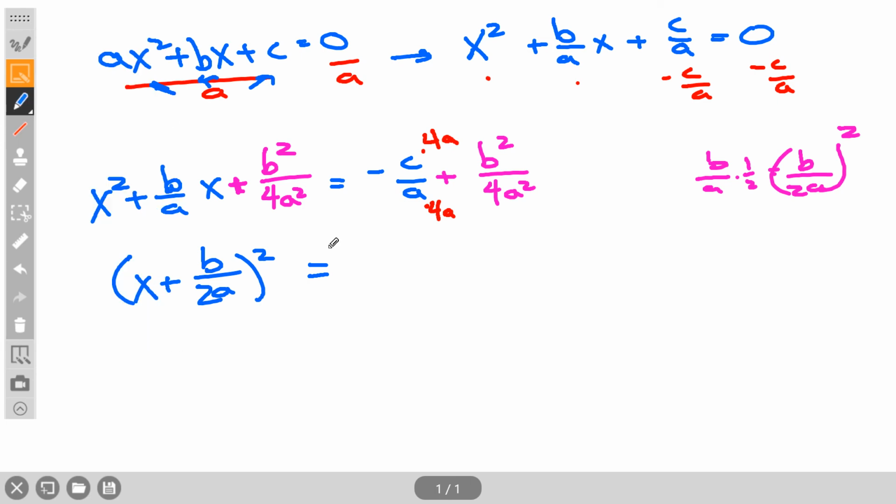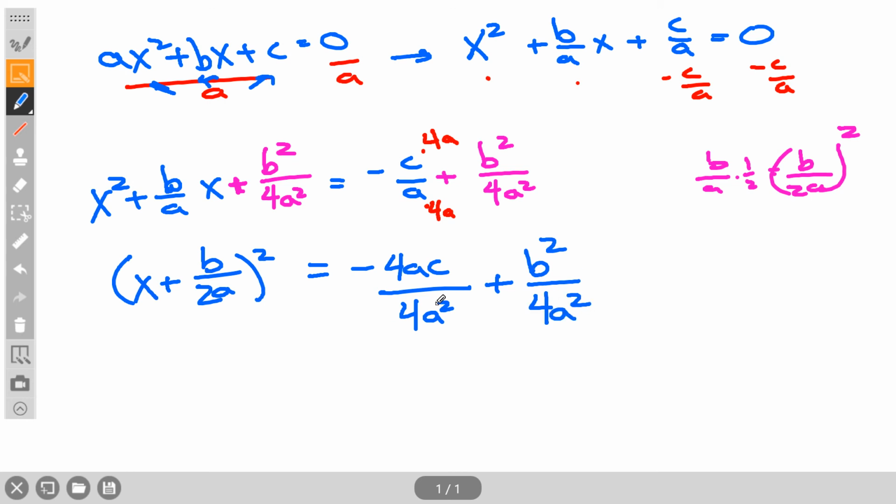So what I'm going to get here is negative 4ac, 4 times a times c on the top, over 4a squared, plus b squared over 4a squared.